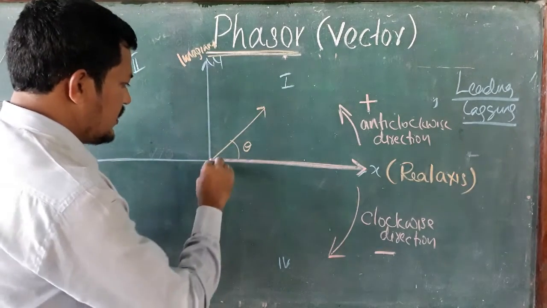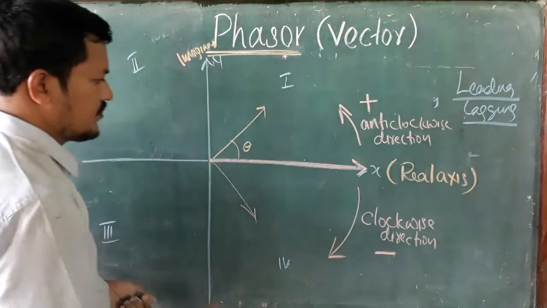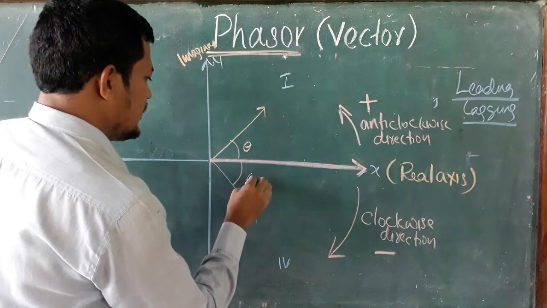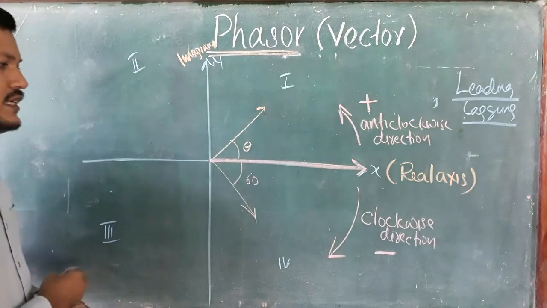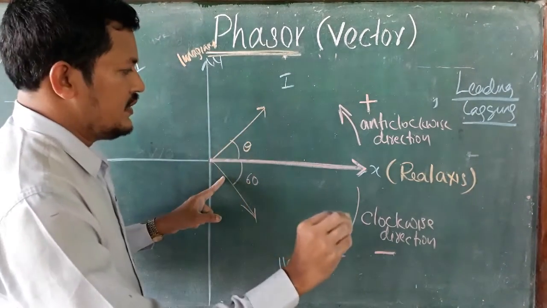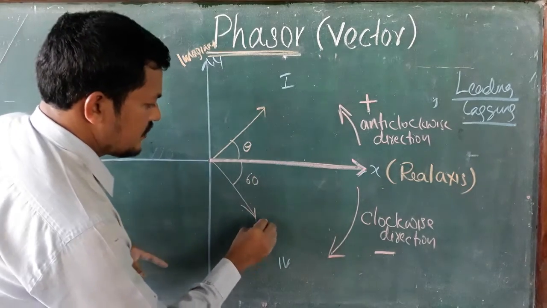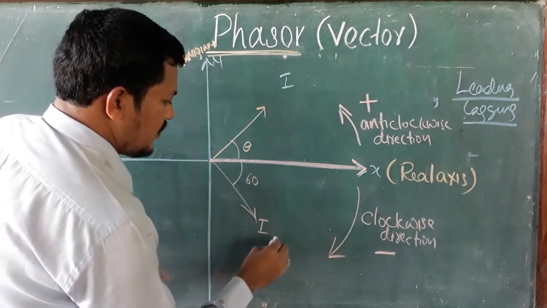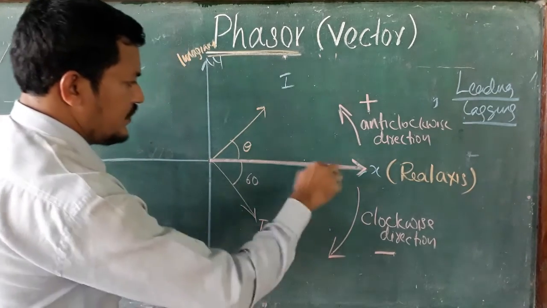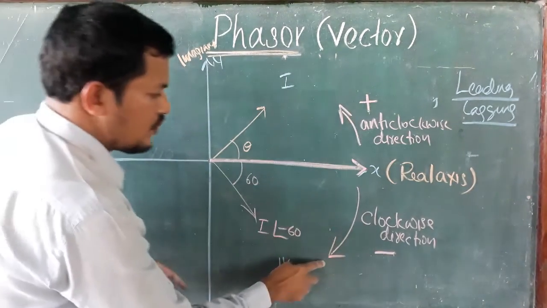Suppose we draw here one more phasor. Suppose this one is 60 degrees, clear? Whenever we write the polar form, suppose this value is I, its polar form should be I at minus 60, because we measured in the clockwise direction.